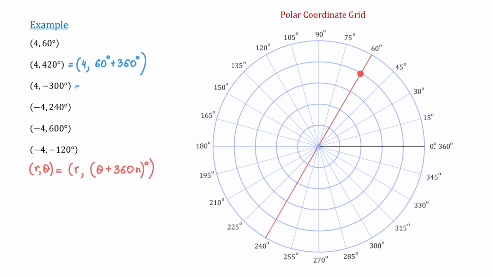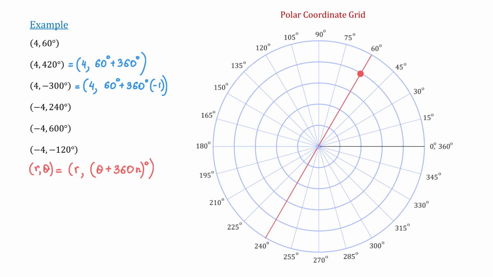Now in the next example r is still 4, but now the angle of negative 300 degrees is the initial angle of 60 degrees plus 360 degrees multiplied by negative 1. So in this case n is negative 1. And as you see, 360 times negative 1 is negative 360 plus 60 is negative 300.